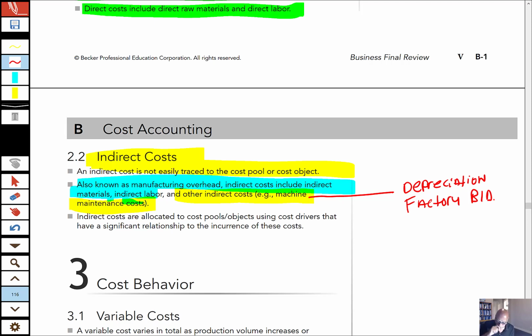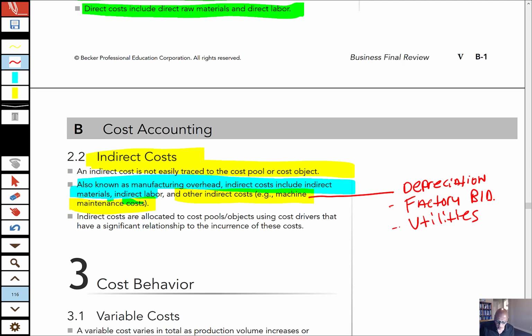Okay, so you've got the factory building, and utilities. Again, utilities that are applicable to production, like our machine using up electricity. We're making beer, the water. That would be more of a process costing system. But anyway, utilities.